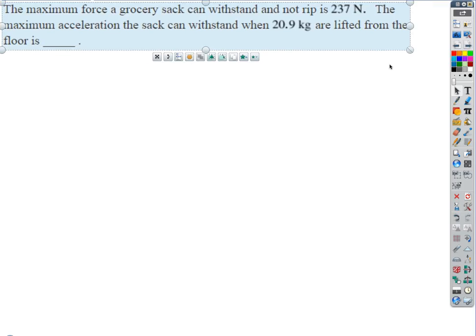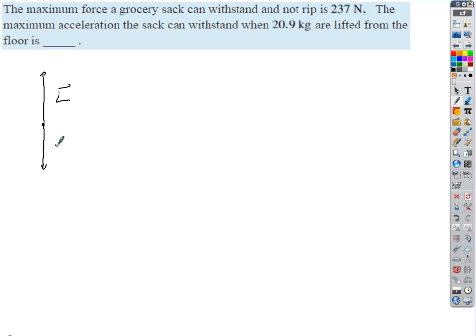So here's where we do need a free body diagram this time. What are the forces acting on the sack? Because the sack is the object we're worried about. We're going to have the upward force, which is the lifting force, call it L. And then what's the downward force?